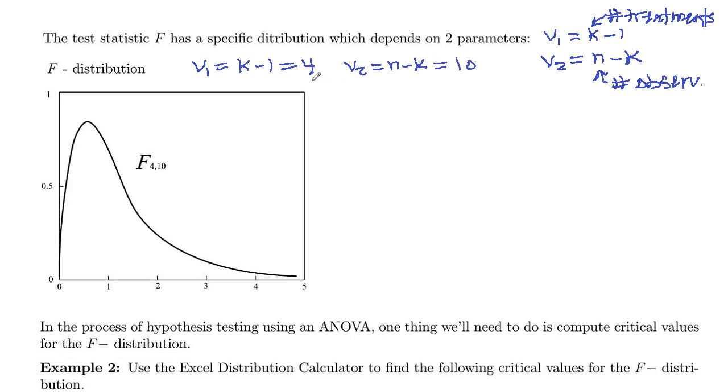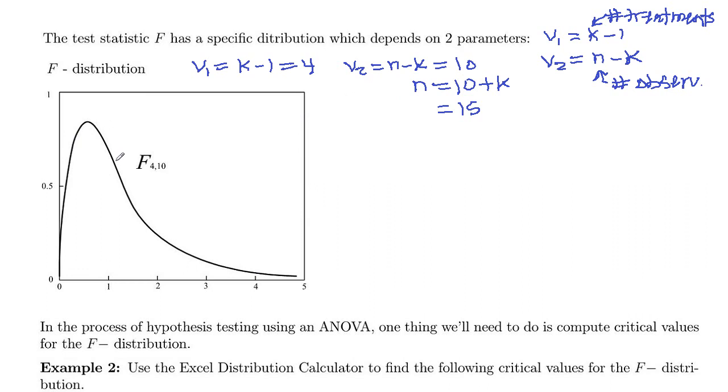And k is equal to 5, so our n here is going to be 10 plus 5, 15. So 15 total observations, and we're comparing 5 means. Notice that this is a skewed distribution, skewed to the right, so not a nice bell-shaped distribution.